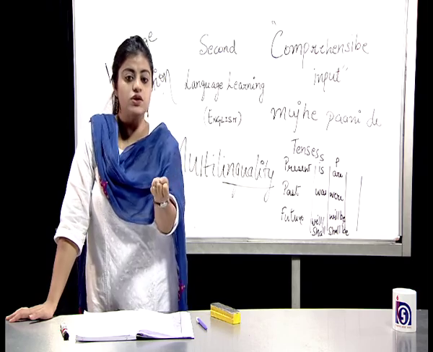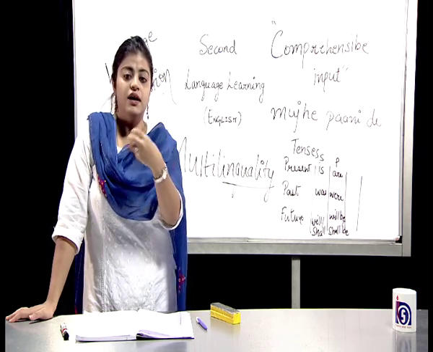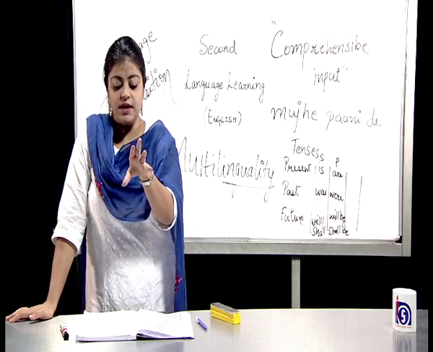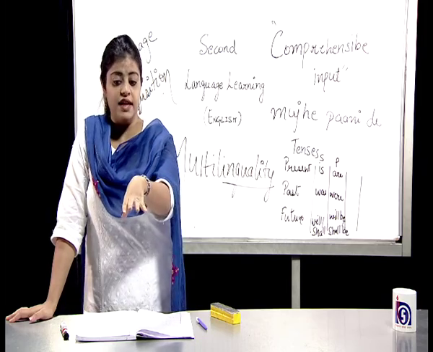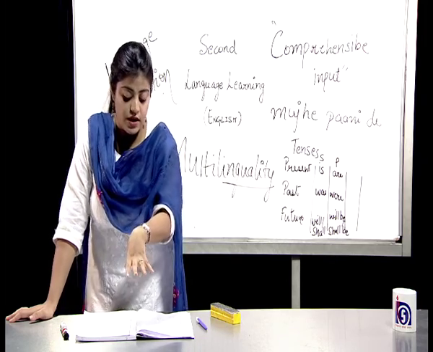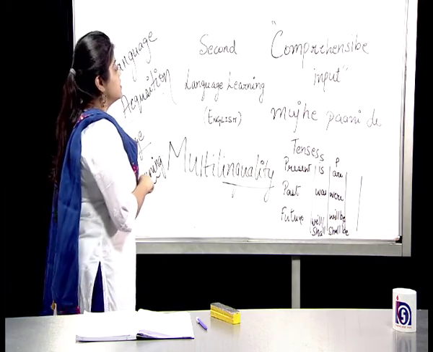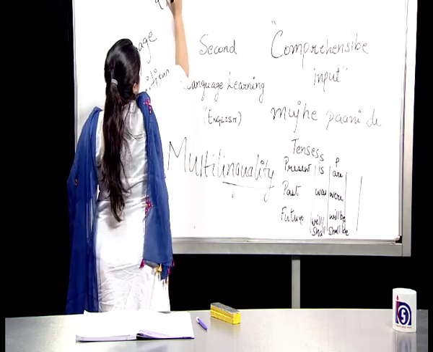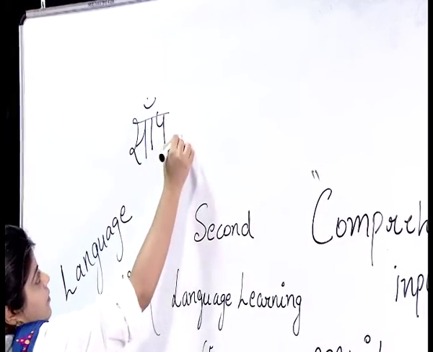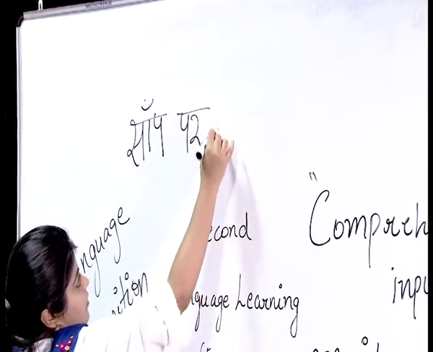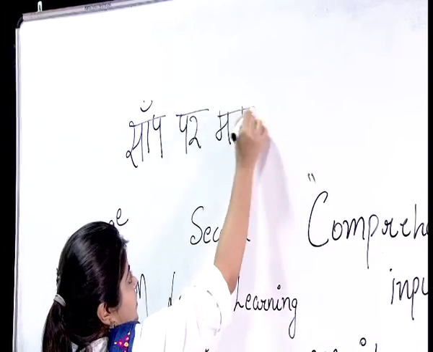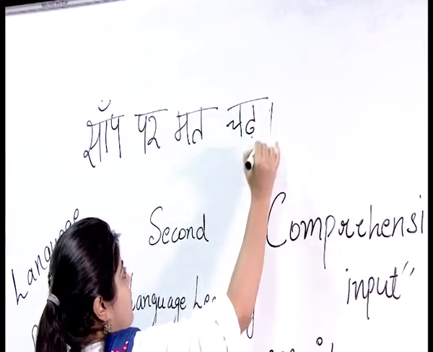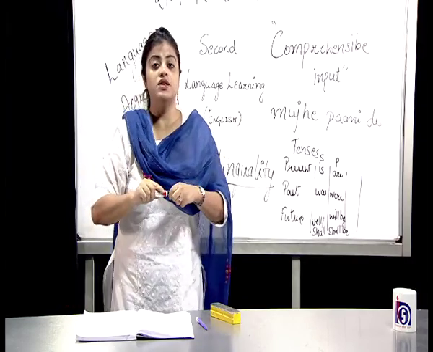You have to give them situations where they can assert themselves freely, more naturally. For example, if we talk about acquiring Hindi as a second language, and we are talking about language acquisition over here, if you remember, we used to have primers in Hindi which used sentences like सांप पर मत चढ़.